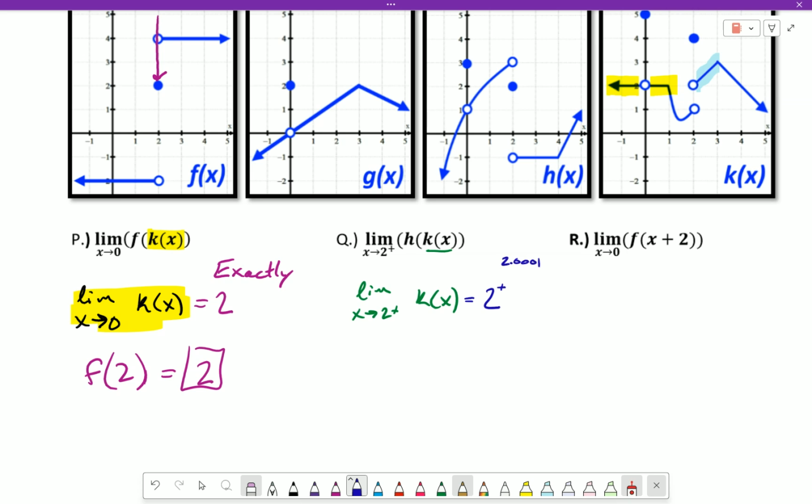We're just a little bit above 2. Because it's 2 from the right, numbers just bigger than 2, we now find the limit as x approaches 2 with a plus sign of the other function, h of x. Again, it's almost like you are finding h of 2.00001. We go to h. We go to the numbers to the right of 2. What am I getting? -1.